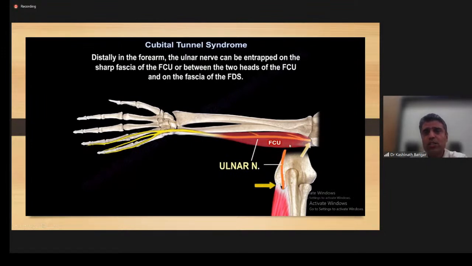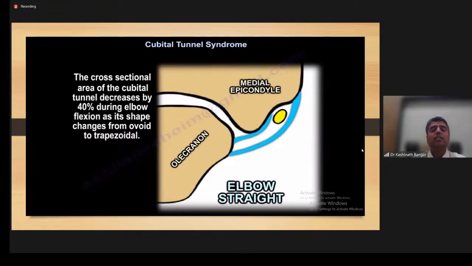When it enters through the two heads of flexor carpi ulnaris, that is one of the sites where the ulnar nerve can get compressed. Now, if we see a cross-section of the cubital tunnel, this is the medial epicondyle, this is the olecranon, this is the fascia, and this is the ulnar nerve.